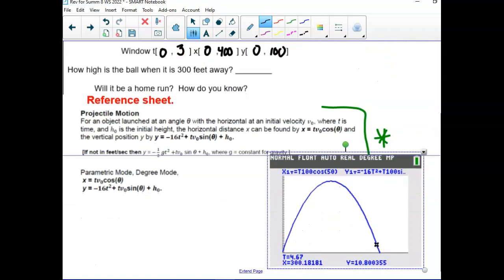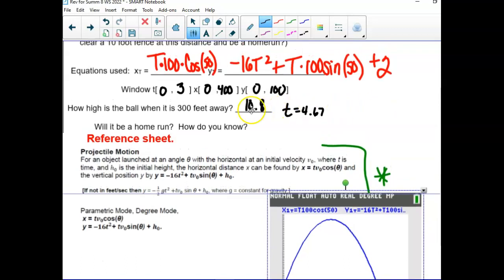So how high is the ball when it's 300 feet away? I got 10.8 at t equals 4.67. That was a lot of extra work. So will it be a home run? Yes. Clears the fence barely.